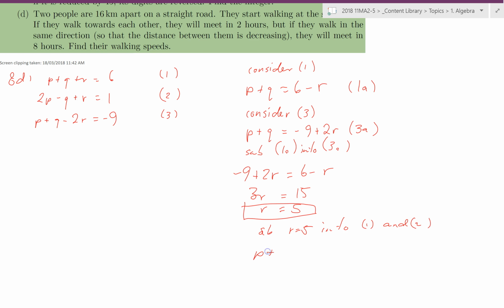Okay, so I have P plus Q plus 5 equals 6. This is now going to be 1B. And 2P minus Q plus 5 equals 1. That's going to be 2A. If I had substituted R into 1 and 3, I would end up going nowhere because of that coincidence that they have that similarity of P plus Q terms. We're just going to end up with a statement that says something like 1 equals 1. That's not going to help us. So we need to get a bit more of a handle on these things.